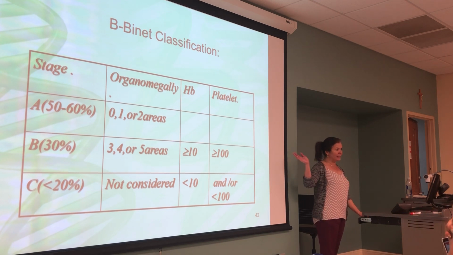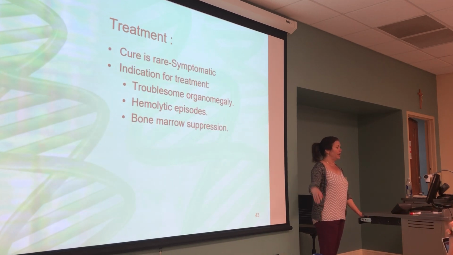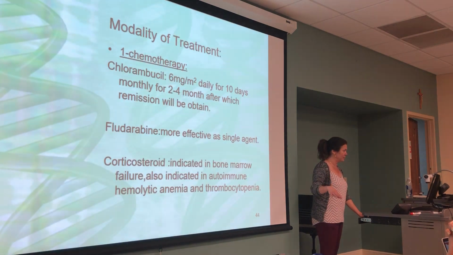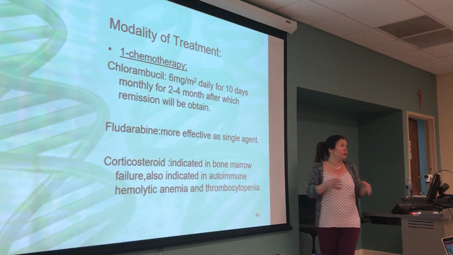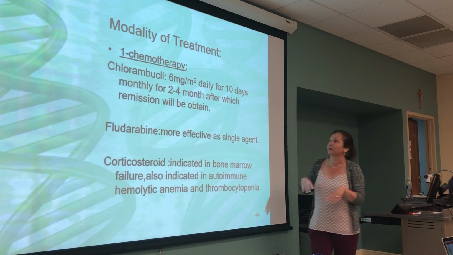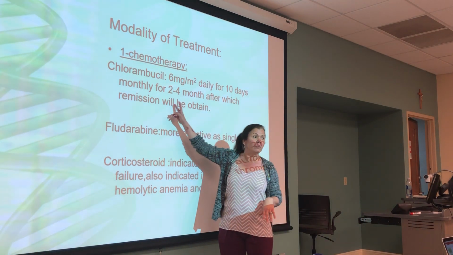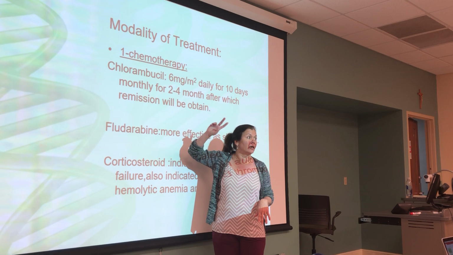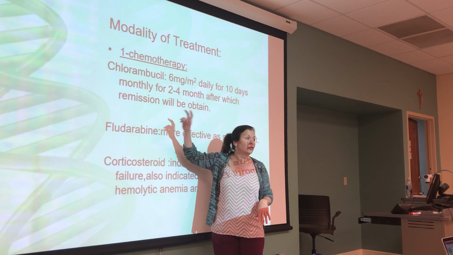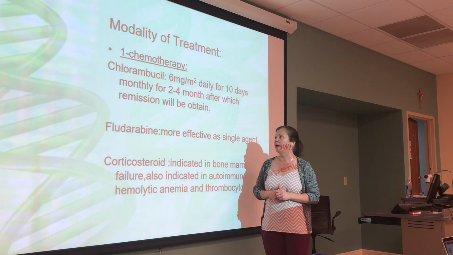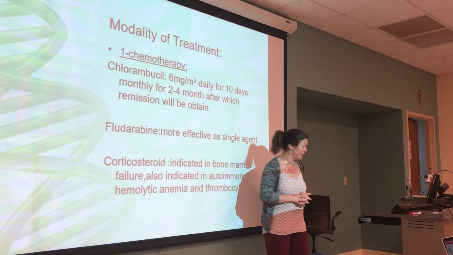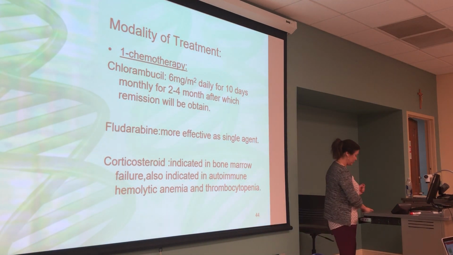Okay? Another classification, and treatment is the same. All right? So other combinations that you can use that exist for therapy: chlorambucil, you could use prednisone, you could use methotrexate even though it's for autoimmune conditions, and other types of combinations of tyrosine kinase inhibitors.